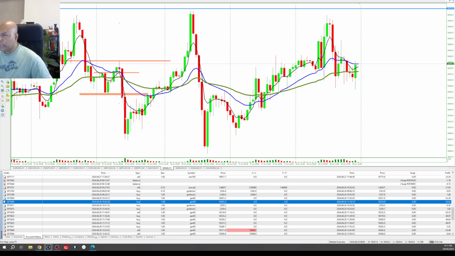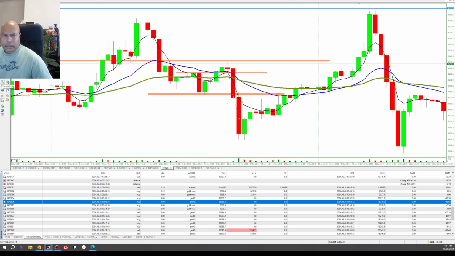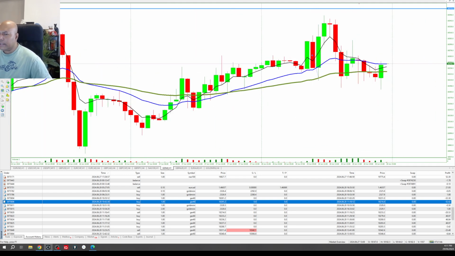The first bar, this green bar, broke this area, and the next candle came down and I entered long, and obviously my stop loss was below this, so it got stopped out.